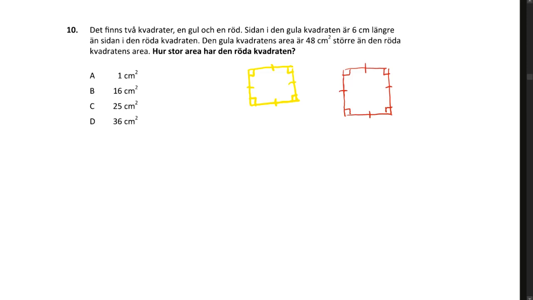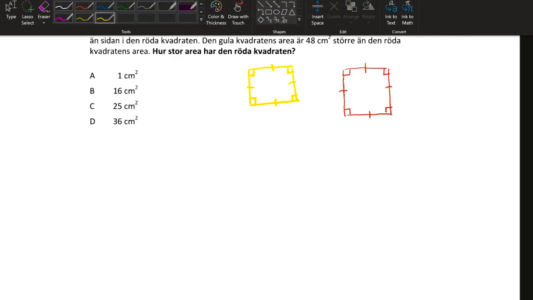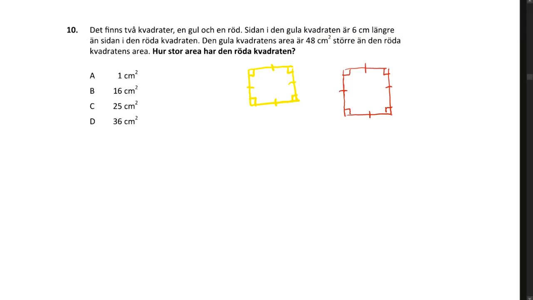It says that the sides in the yellow square are 6 centimeters longer than the sides of the red square. So if we call the sides of the red square x, that means the sides of the yellow square are going to be x plus 6, since there's 6 more than the sides of the red square.